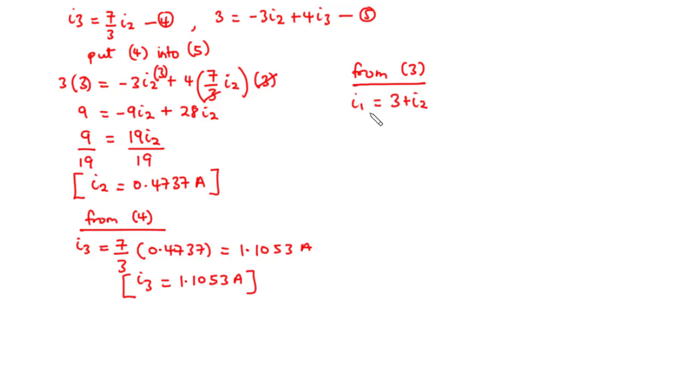So we can simply find the value of I1, which is equal to 3 plus 0.4737. And then we have I1 to be equal to 3.4737.